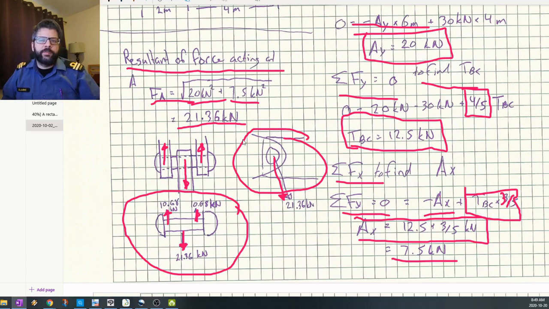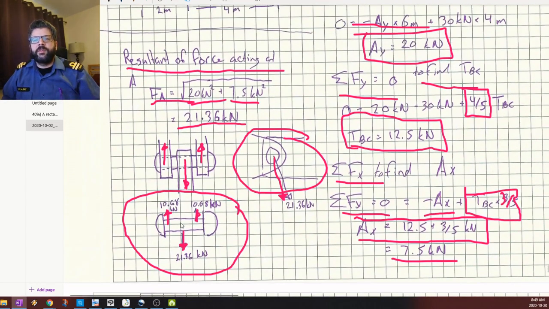It's going to be evenly split because it's a symmetrical loading situation. If you don't believe me, you can go ahead and start taking moments and adding forces together. But it'll work out to be half of that.